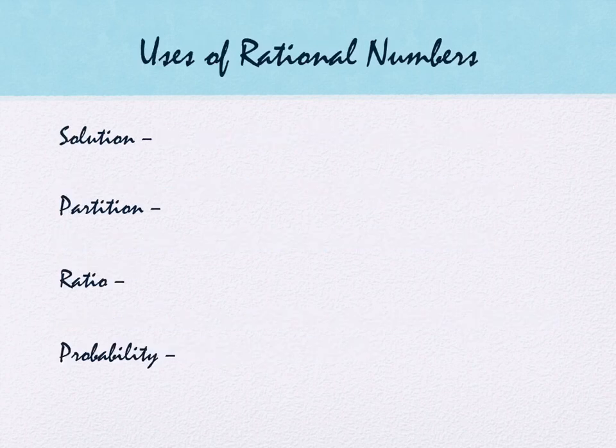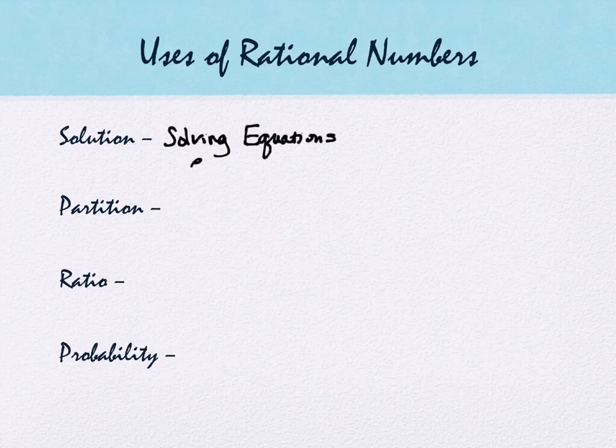There are 4 uses of rational numbers that we're going to talk about. That doesn't necessarily mean these are all there are, but they're the 4 that are the most common. One use of rational numbers is for solving equations. So, for example, if I had the equation 2x equals 1, if I only have integers, positive and negative whole numbers, there's no solution for this.